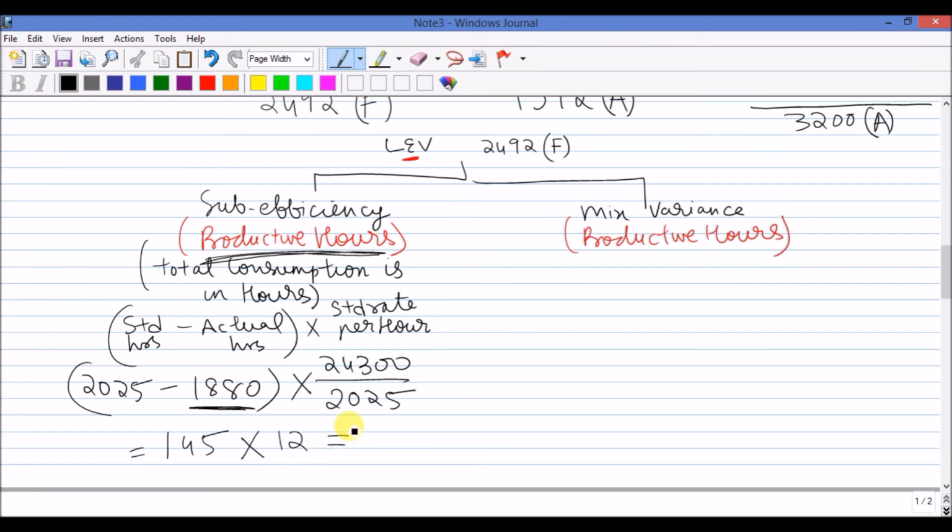So 145 into 12 gives me 1740. I should have worked for 2000 hours. I've worked for 1800 hours, means I've consumed less hours. It means it is favorable.